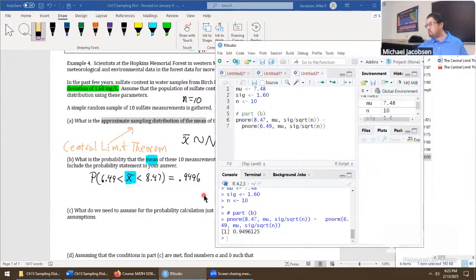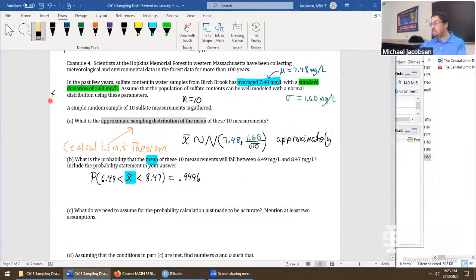Okay, so the head researchers in charge of what's going on with Birch Brook, looks like they measure this every year, and they've been doing it for hundreds of years. They now know that before they even gather any data whatsoever, the sample mean should be between those figures with a really high percentage chance of almost 95%.